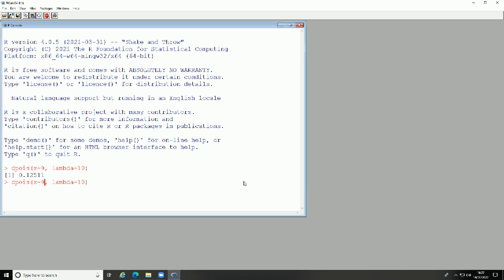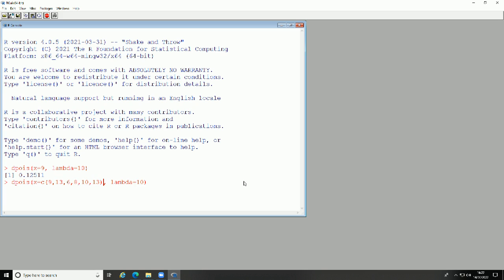And if you want to compute this Poisson probability for the whole observed sample, then you can input a vector to it: 9, 13, 6, 8, 10, 13. All this will be put in the solution that was already uploaded to Blackboard, I guess.